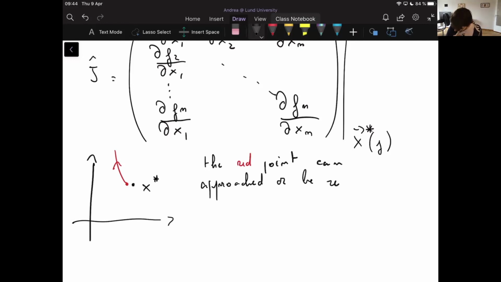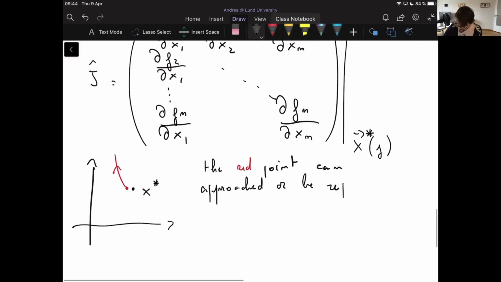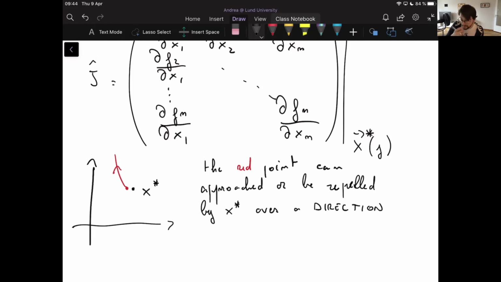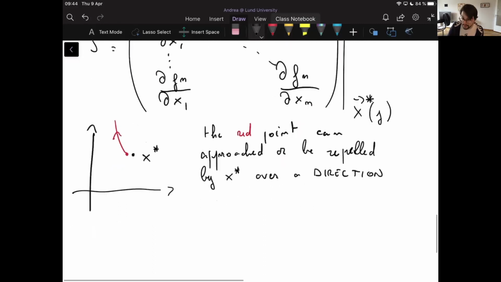How can you find out the direction of approaching or repulsion? Nobody. How do we find out?